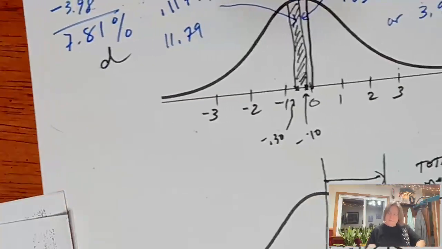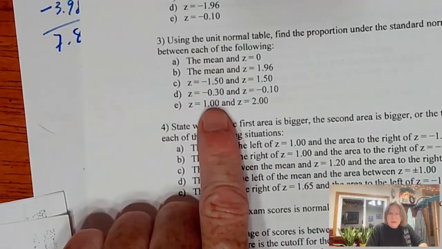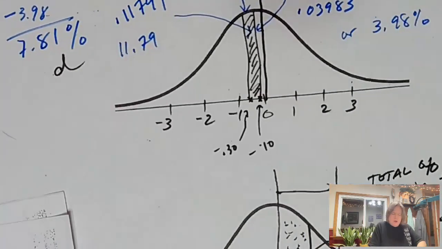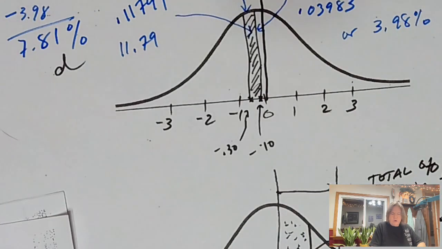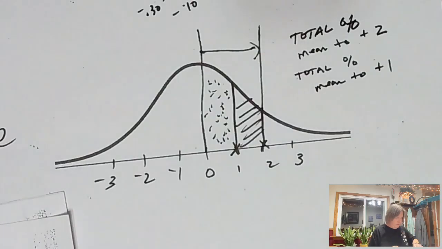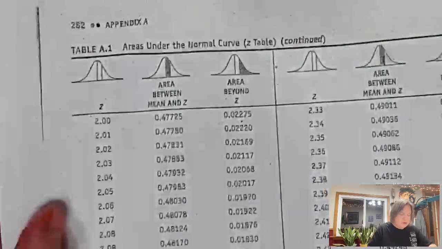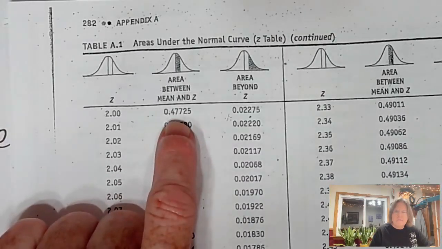Then our E asked for positive 1 and positive 2. In this particular case, we're going to do exactly what we did up here. We'll get the whole thing between the mean and 2. Between the mean and 2.0 is 0.47725.